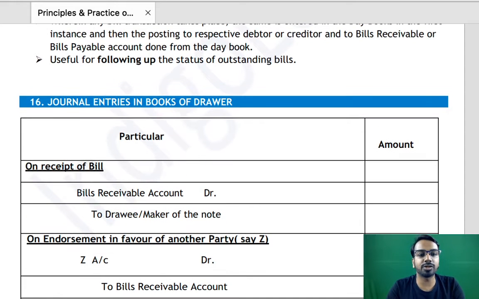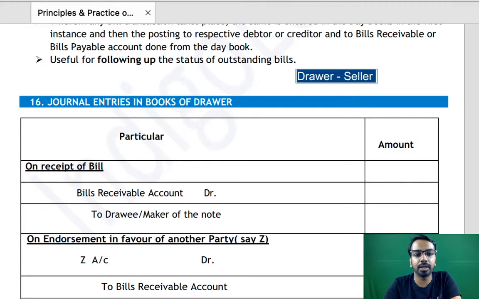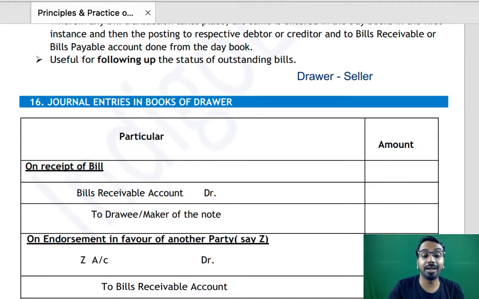This drawer is generally a seller who would have sold goods to the other party, who is the drawee.